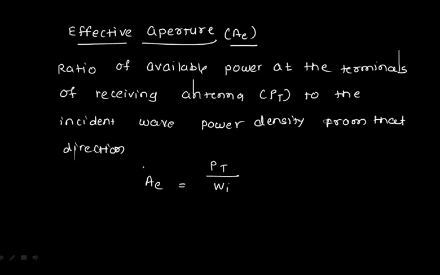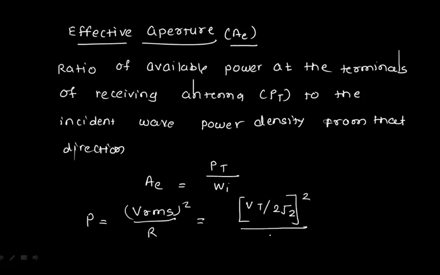Before talking about this, how do you calculate the power? Power is VRMS square divided by R. So if I'm considering this as the total power, it will be VT by 2 root 2, squared, divided by R. If you simplify this, 2 squared becomes 4, root 2 squared becomes 2, so it will be 8R.